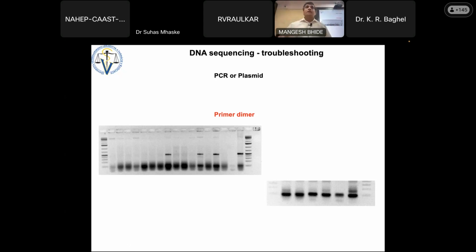So it may happen that your dimer is bigger, meaning brighter, than your PCR product. But the dimer is never below your PCR product. So don't cut whatever you see, but you have to cut this small.